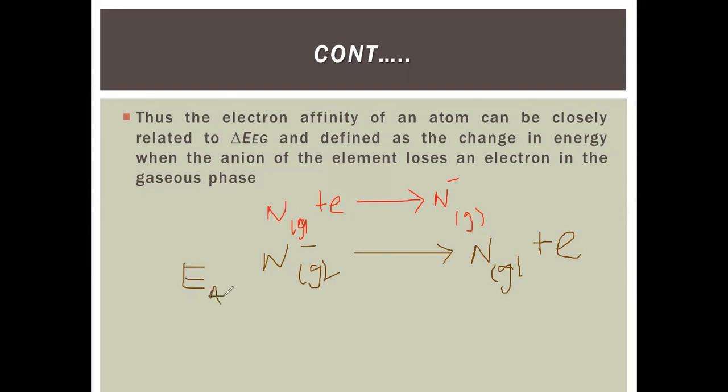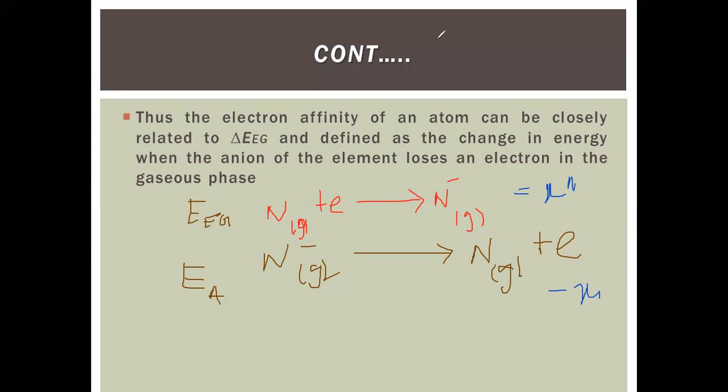And this is the electron gain energy. Though it has a value, we'll say x, the electron affinity should be minus x. That is the difference.